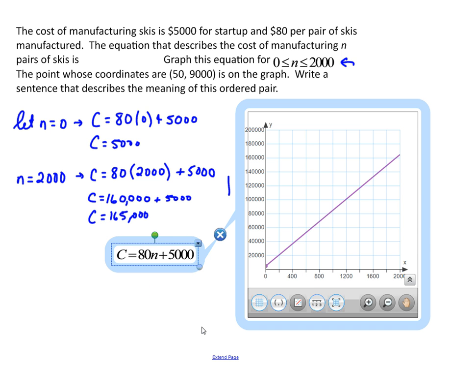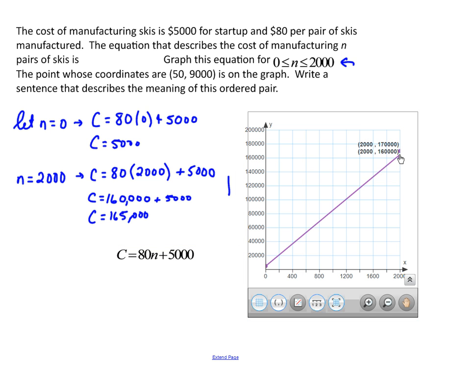Let's take a look at what our graph looks like. There it is. Okay, beautiful. We had to adjust our vertical scale a little bit right here. And we can see that the graph certainly does pass through the point (2,000, 165,000), well, maybe a little bit below that, right? So if we wanted to actually get the end point right up here, it's right in between these 2 points, right? So we can kind of see where that's at.